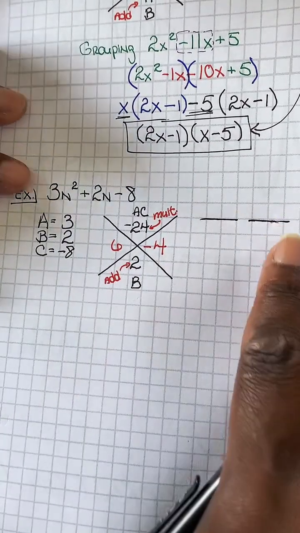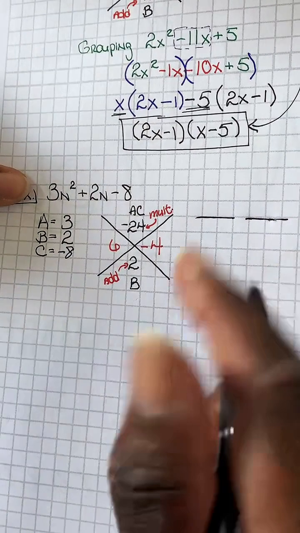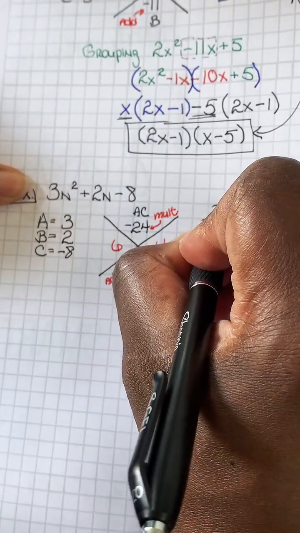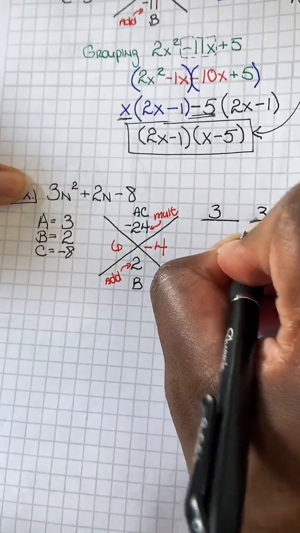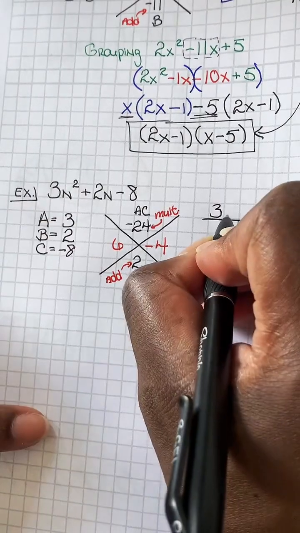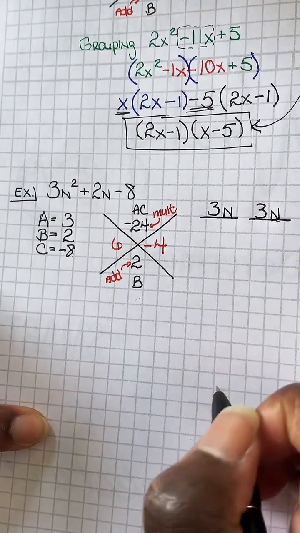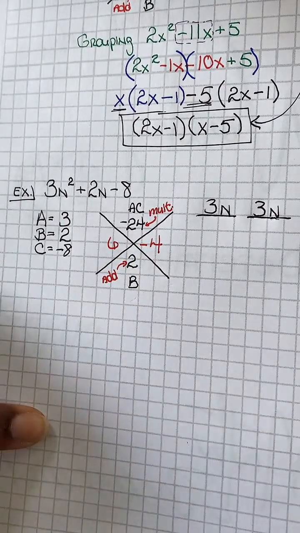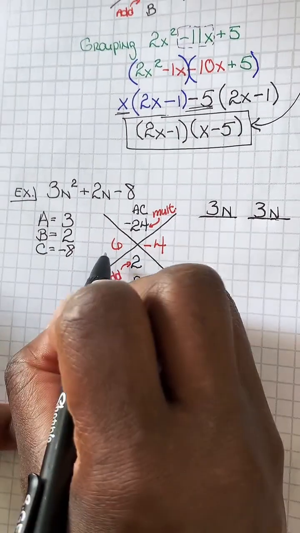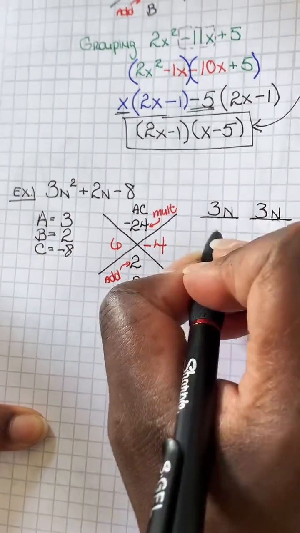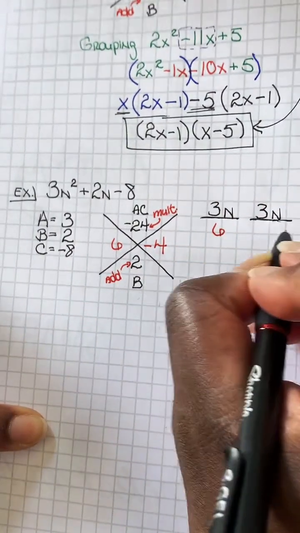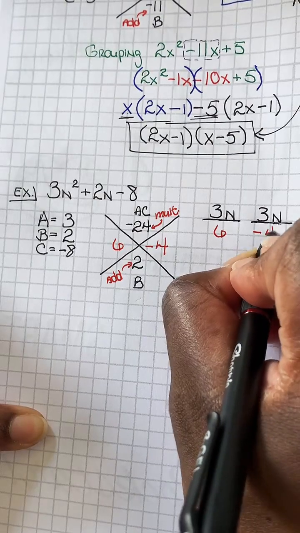My numerator is always whatever the A is, which is 3. We're going to write that twice, with the variable we're using, the letter n. Underneath, my denominators are going to be the two factors that we've got, which are 6 and -4.